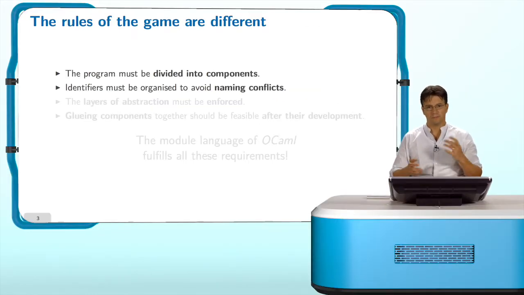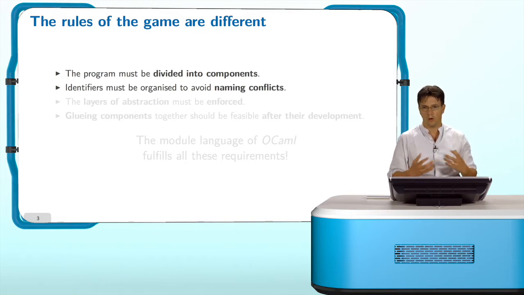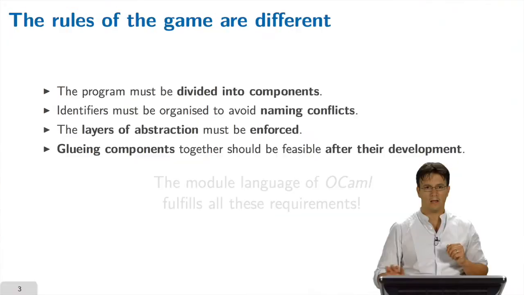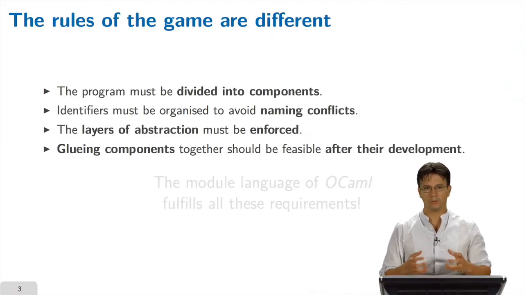Then you don't know if two programmers won't use the same name, so you want to have a way to avoid conflict. Also, you want the software engineering to be respected, which means that a programmer is not allowed to break the abstraction, to go into details that he should not know. And also, a good property of components is their ability to be recomposed, reconfigured after their development.